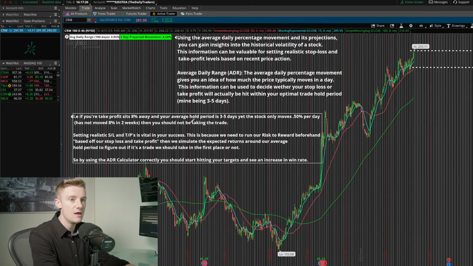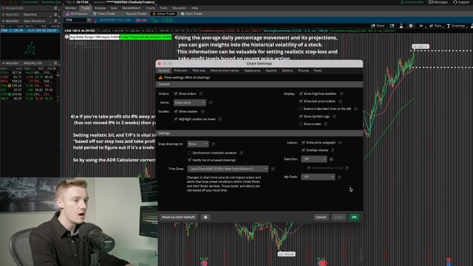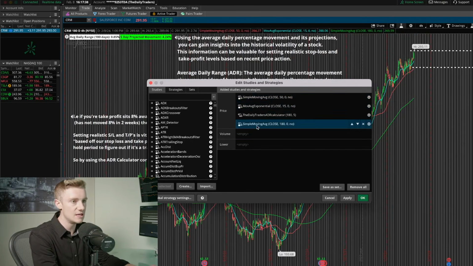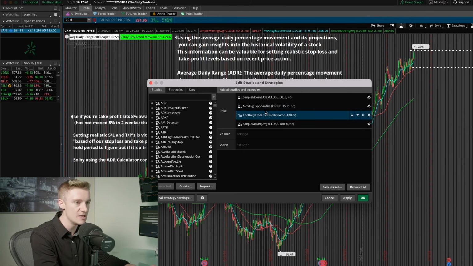All right, like I said, I'm going to give you a couple examples, but I wanted to show you real quick. If you go up to the gear icon, go up to the studies icon, you can see we've got our studies applied, our SMAs, our EMAs, and the daily traders ADR calculator.